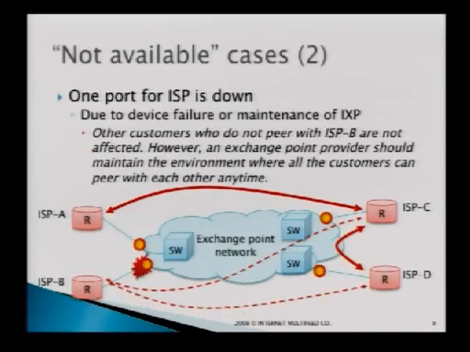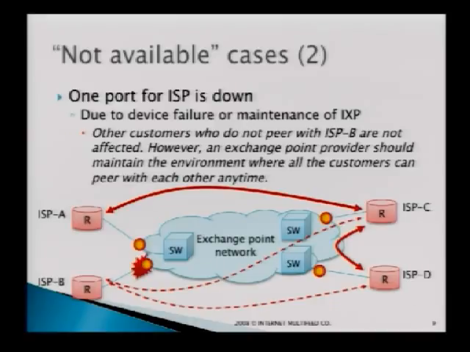And the second part is when one port is down for a customer. This case is defined as unavailable. In case the port for ISP B is down, that does not affect peering with others. But potentially ISP B will have a BGP connection in the future or some kind of thing. So even one port being down is unavailable.